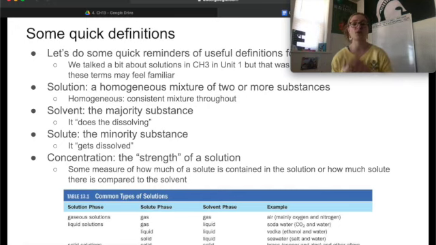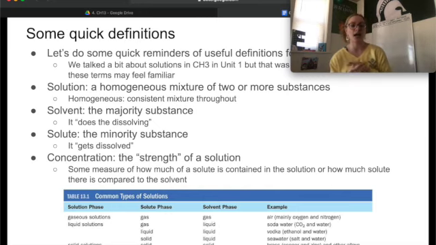Remember, homogeneous means a consistent mixture throughout, so it doesn't matter whether I grab from the top of the sample or the bottom of the sample, I'm going to get the same exact thing. Whereas heterogeneous mixtures are the opposite, where you might have something different in different places in your mixture.